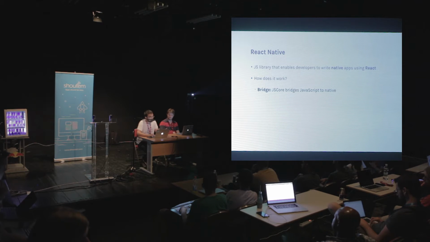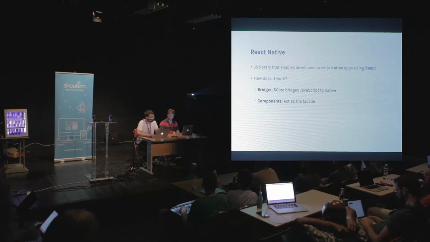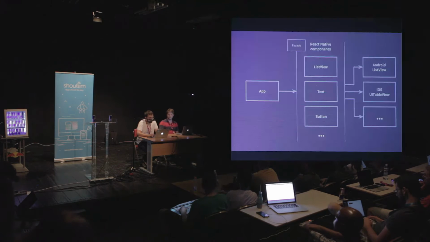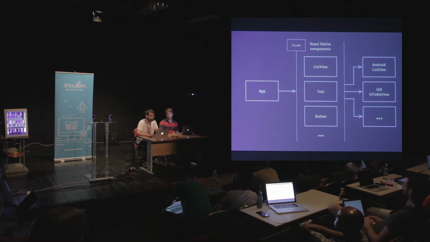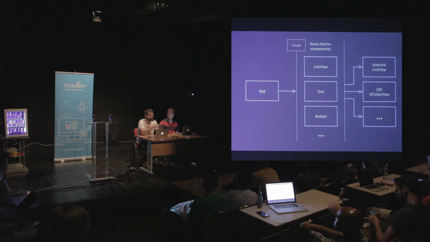And one more thing it provides is components that you can write, and those components act as a facade. Maybe you've heard of that pattern, but what that means is, let's imagine an app that you would like to build, and let's say that it lists movies, so it would need to use a list view. The cross-platform way of doing mobile apps is that you should be writing code only once and target multiple platforms with it.